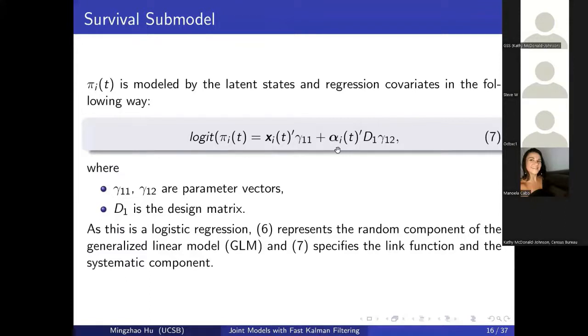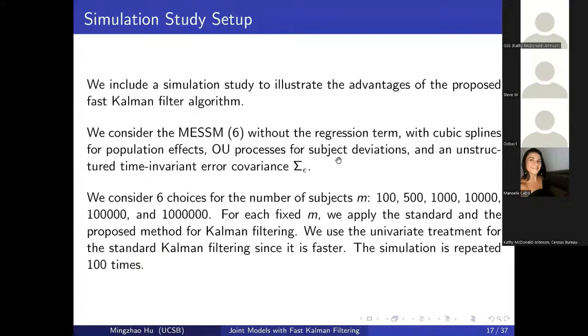And we now introduce a simulation study to illustrate the advantages of the proposed fast Kalman filtering algorithm, where we model without the regression term and with cubic splines for the fixed effects and OU process for the random effects in our MESSM, and using an unstructured time invariant error covariance to model the between subject relationship.